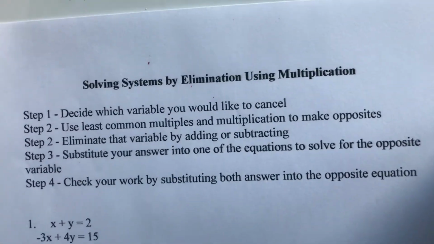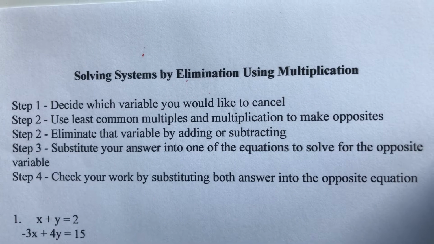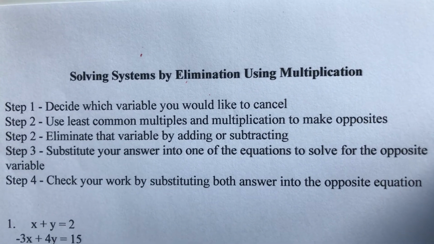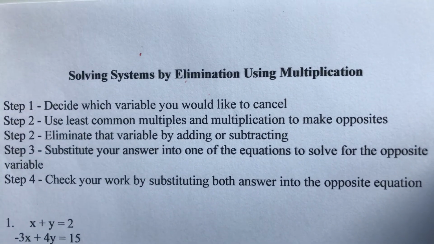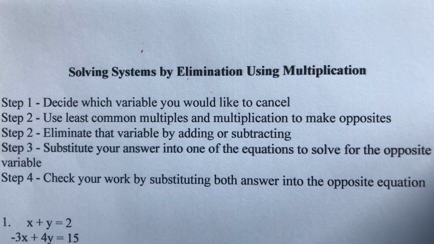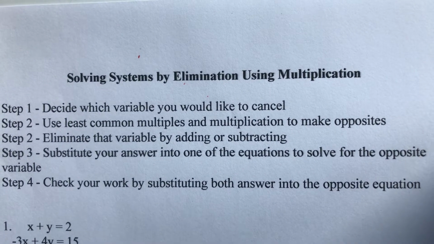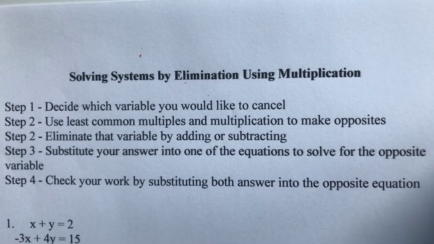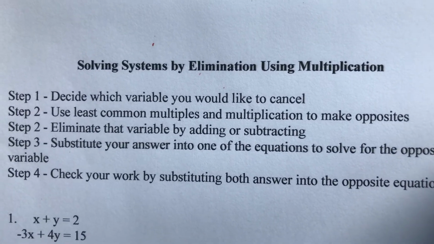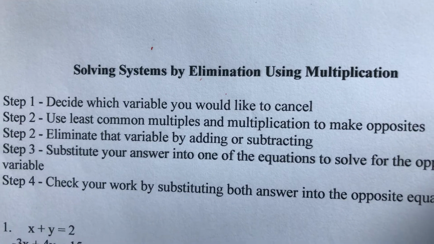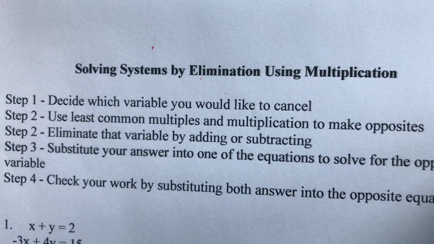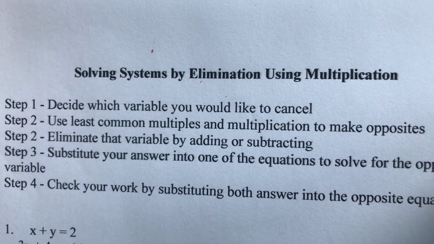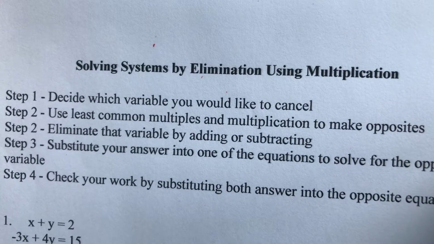All right, this is solving systems by elimination using multiplication. So the idea of last lesson is the same here. We just have an extra step. With this, we're not going to have a coefficient of a variable that is exactly the same.